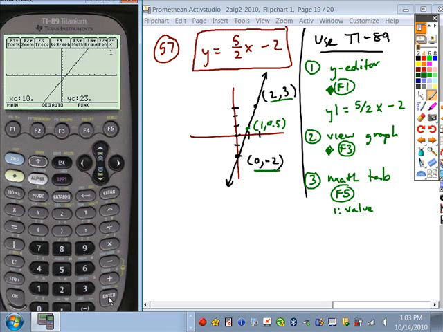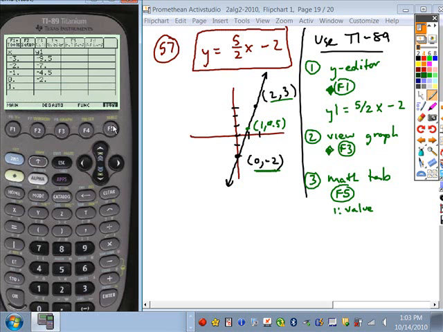Okay. Now there's another place where you can find all of these too, and that's the table, which we talked about before. If instead of viewing the graph, you viewed the table, which is green diamond F5, remember it gives you all the values in specific increments that you can determine by using the table set.